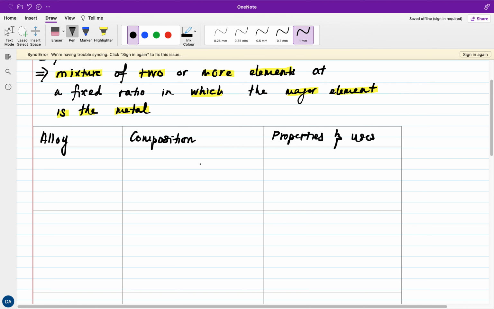Okay, so the first example will be duralumin. Make sure you know the spelling correctly. Duralumin. Main component will be aluminium.